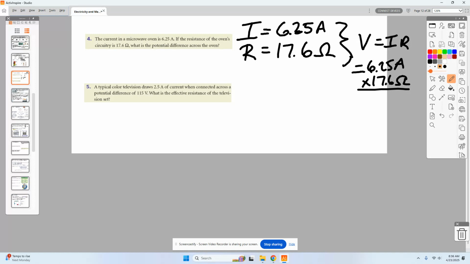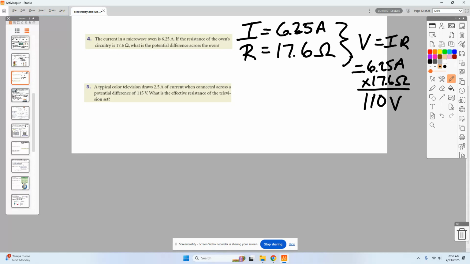So 6.25 multiplied by 17.6, sure enough, I get 110 volts. On the quiz Friday, I would expect that you know the unit for each kind of quantity: electrical current measured in amperes, resistance measured in ohms, and voltage measured in volts.